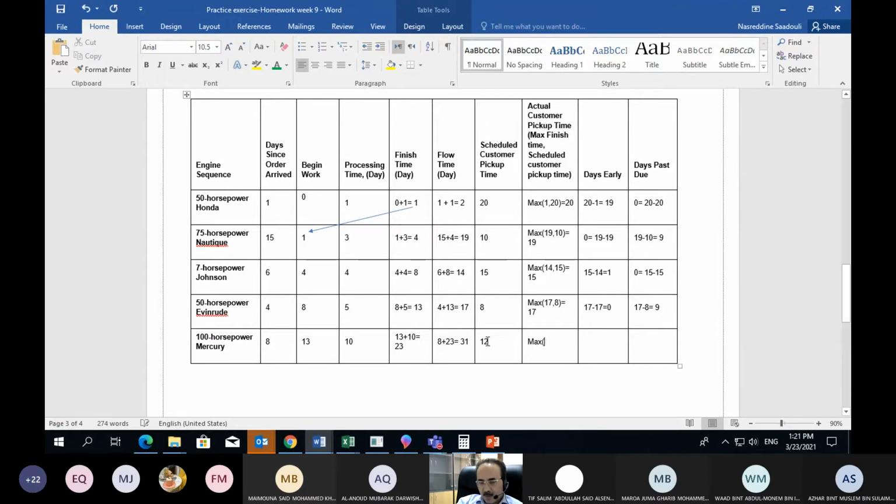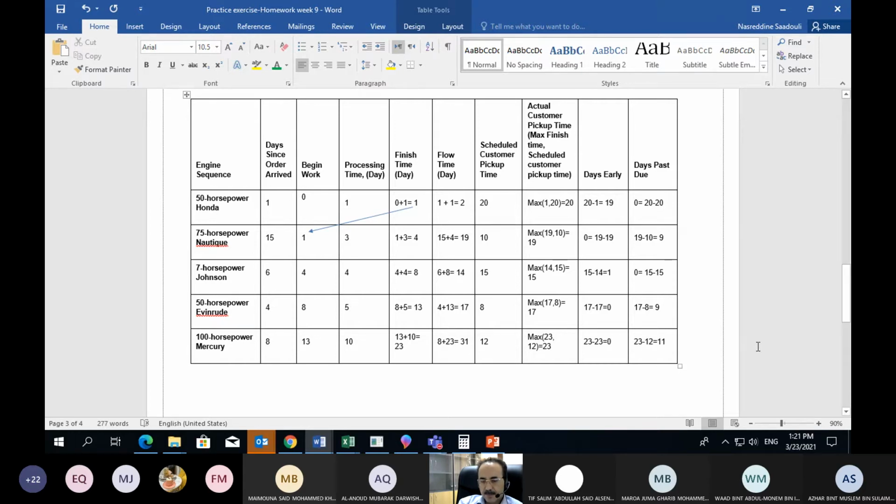It was promised day 12, so it's definitely late. The maximum of 23 and 12 is 23, so days early is 23 minus 23, which is 0, and days late is 23 minus 12, which is 11.